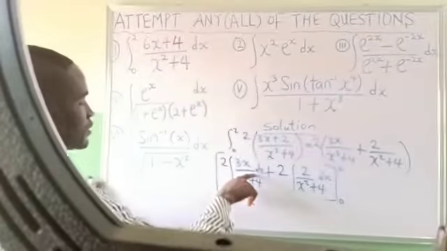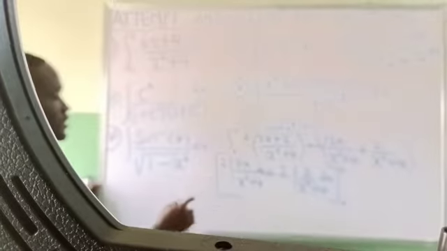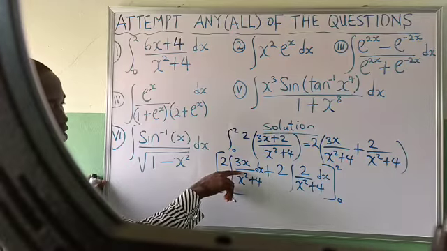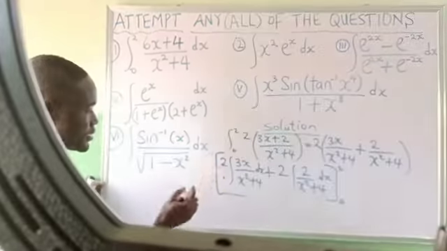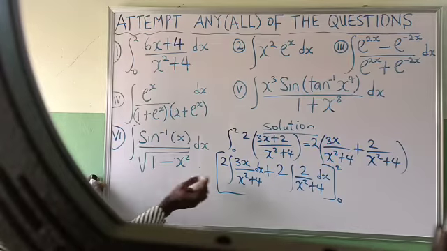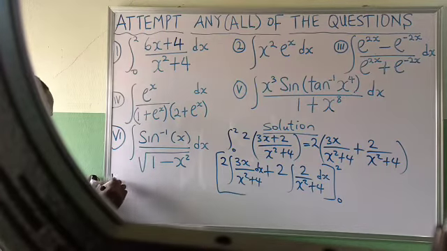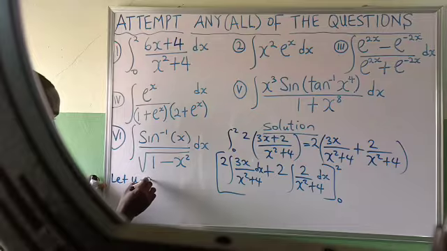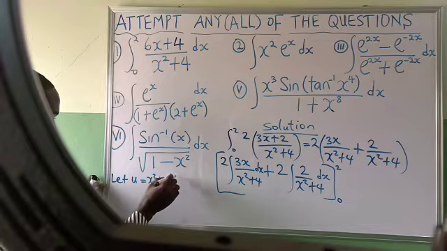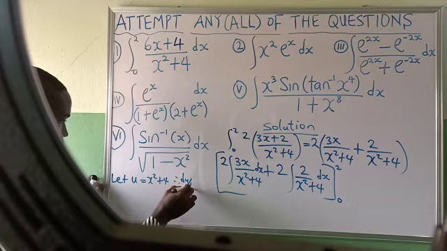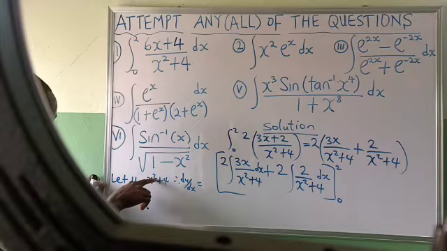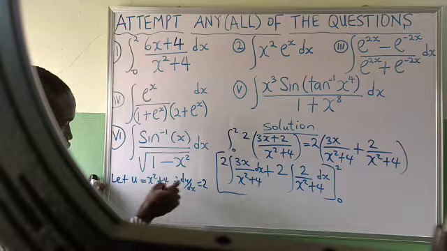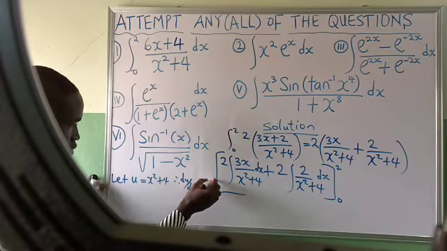Now, how do we solve this? We recall that this is x squared plus 4 and this is 3x. So to integrate this, I will say let u equal x squared plus 4. Therefore du/dx will be equal to 2x, differentiating x squared: the power times the coefficient, 2, then the power minus 1.